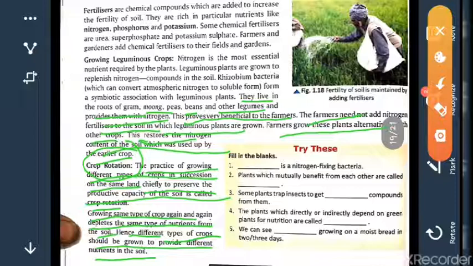Just like that in plants also, if we plant the same type of crop, they will eat the same thing. So every day if they eat the same thing, that nutrient will be finished. So crop rotation is also one important thing that we can use for the replenishment of the soil. So that's it for today.